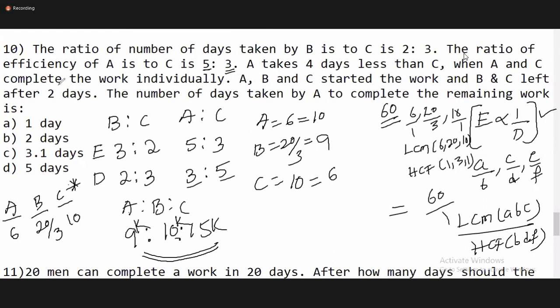Okay, guys, look here. A, B, C started the work. Let's say there are 60 chocolates in total. Who started the work? A, B, and C. Together they can eat how many chocolates? 10 plus 15 plus 6, that is 25 per day.